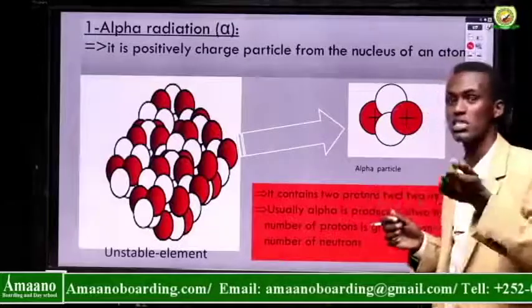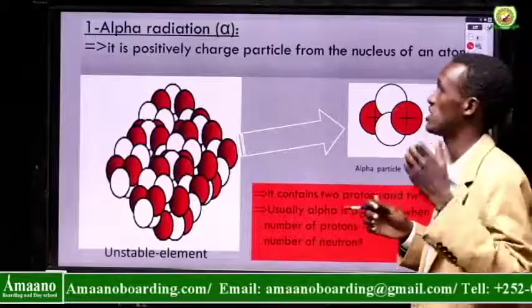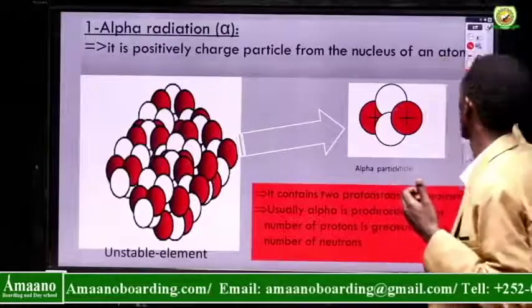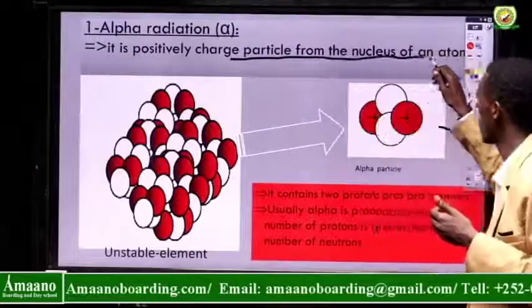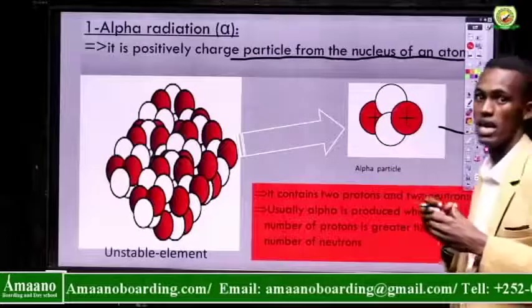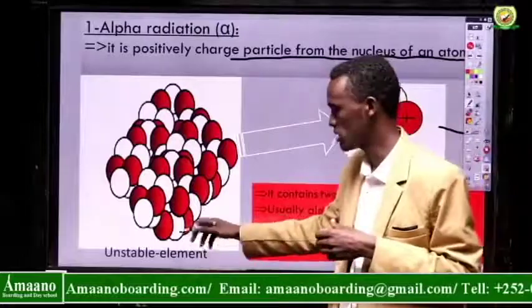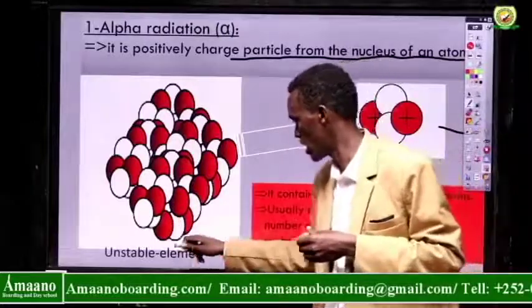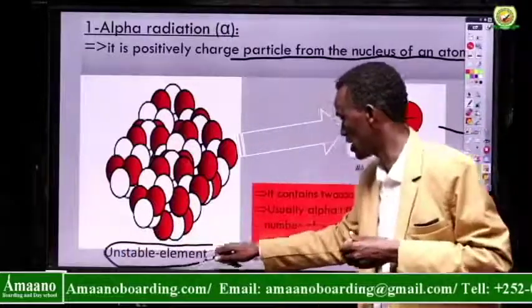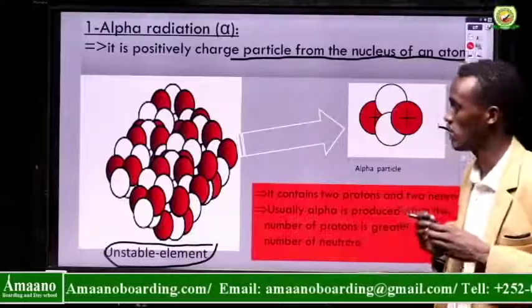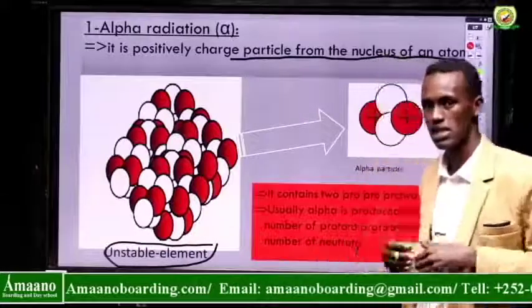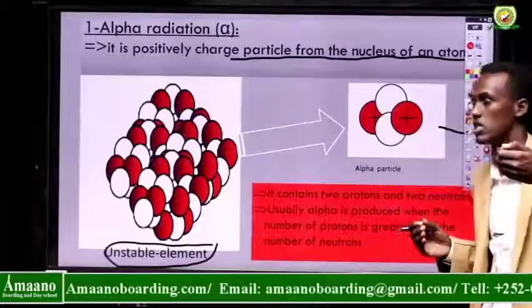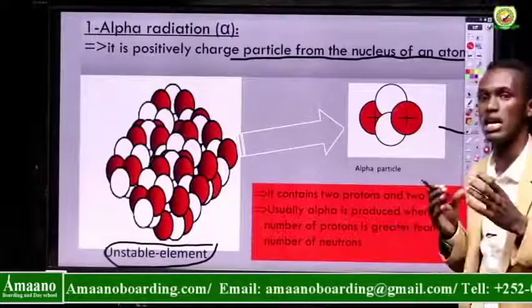Alpha is a positively charged particle from the nucleus of an unstable atom. For example, this is the nucleus of an unstable atom. So this atom, to become stable, releases a radiation.